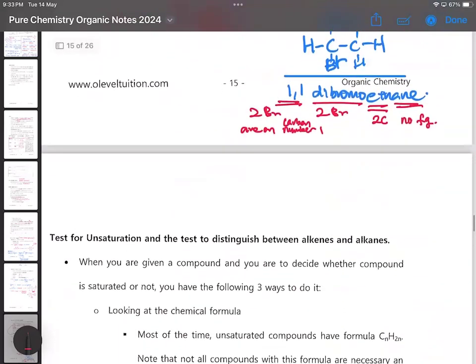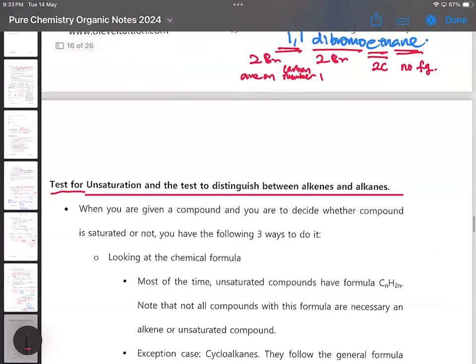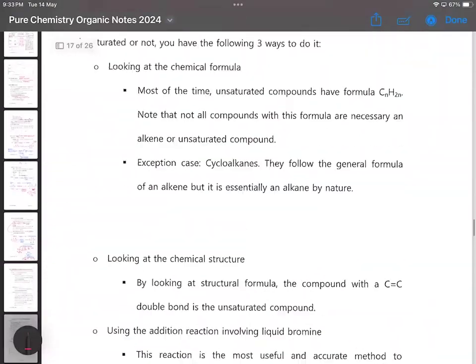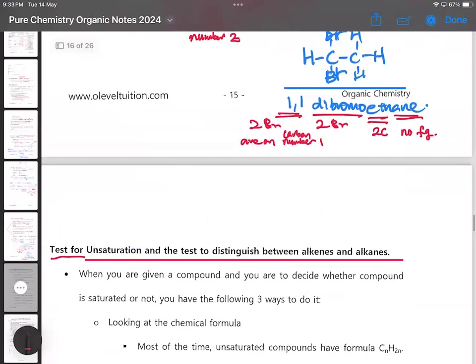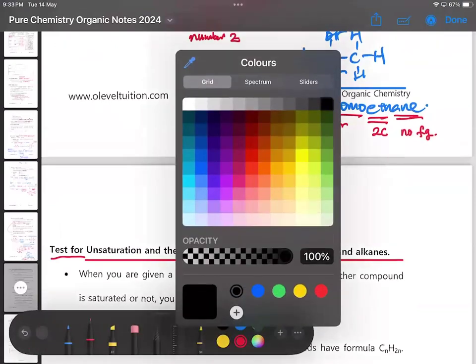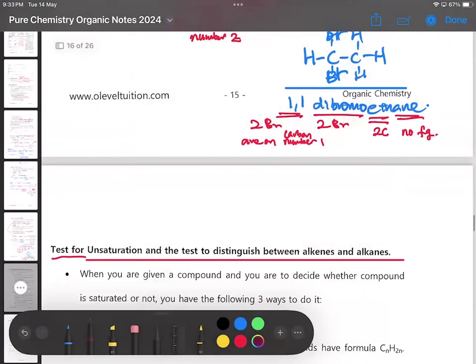Okay. Last one. My last thing for tonight. So this thing here. This is our bromine.